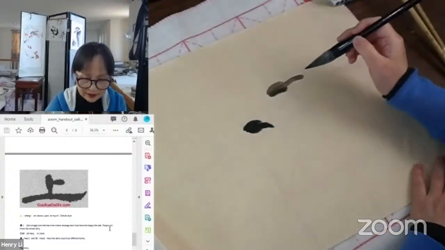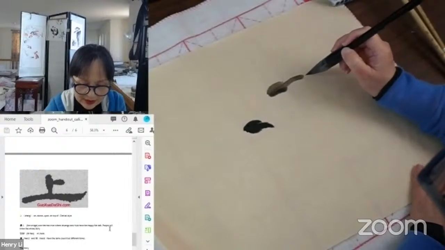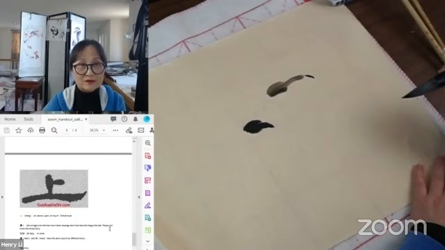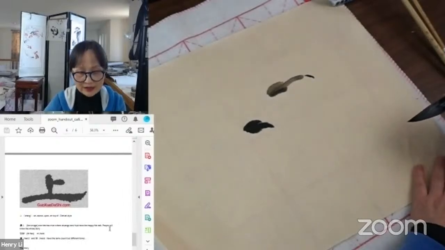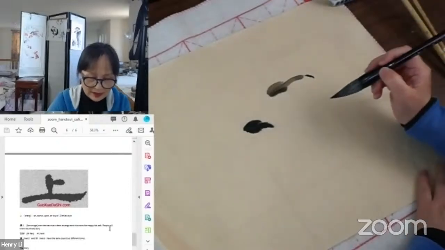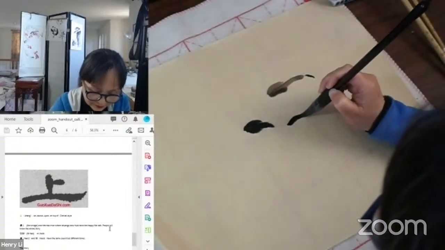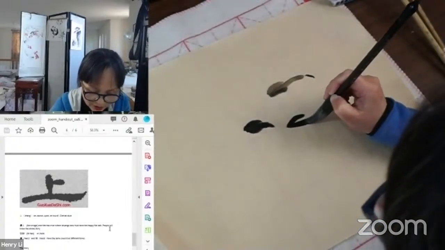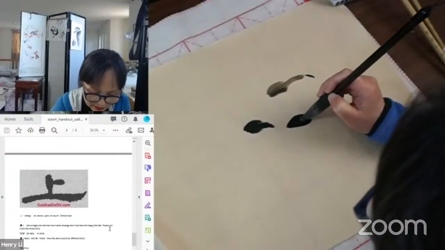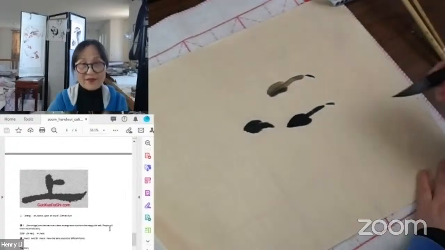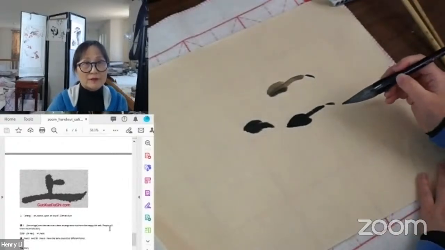And then you do a little bit of things like a supported tail, like the waist, so it determines the direction of the tail. Okay, and then form the tail.